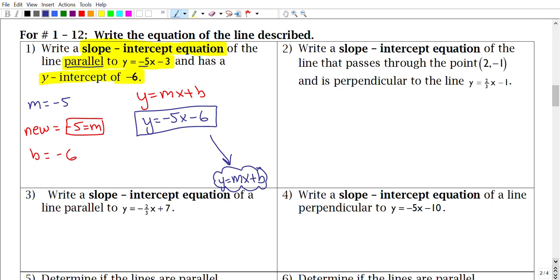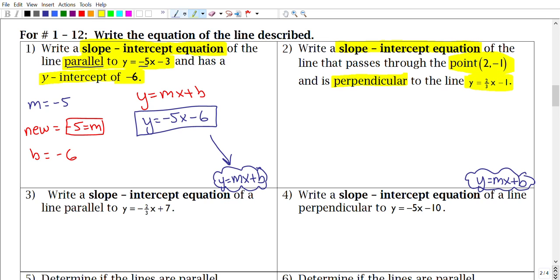Okay, let's try out number 2. Again, what do we want our final answer in? Slope-intercept. So let's write ourselves a reminder. Make sure we're at that answer at the very end. What other information are we given? So we want something that passes through the point 2, -5 and is perpendicular to this equation.